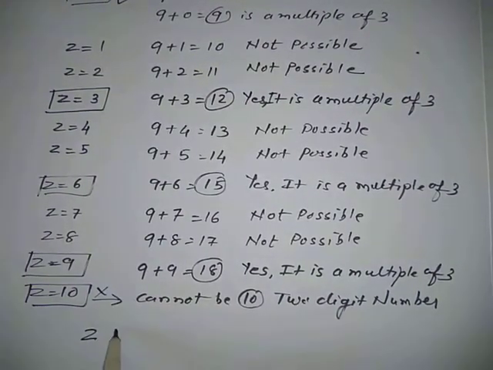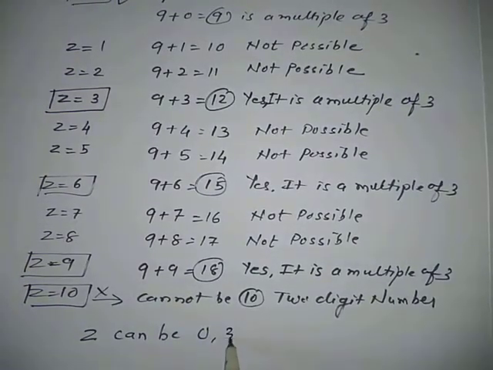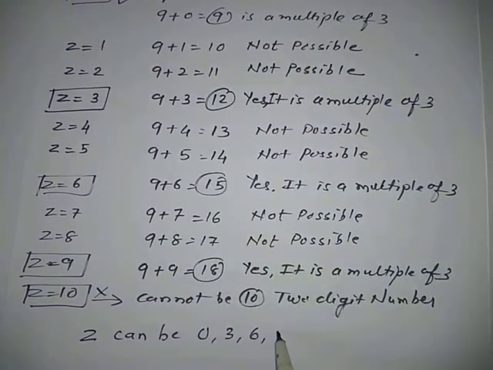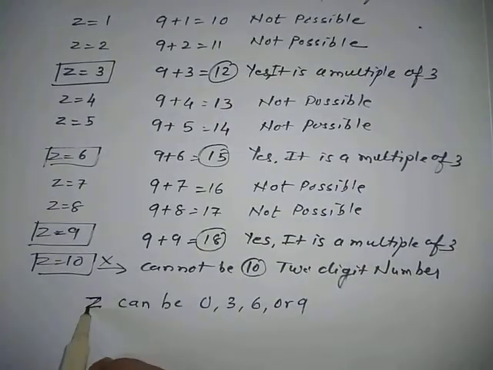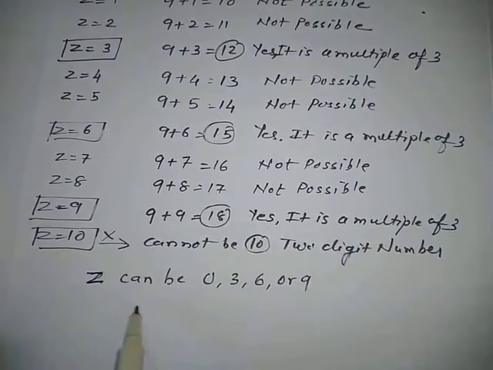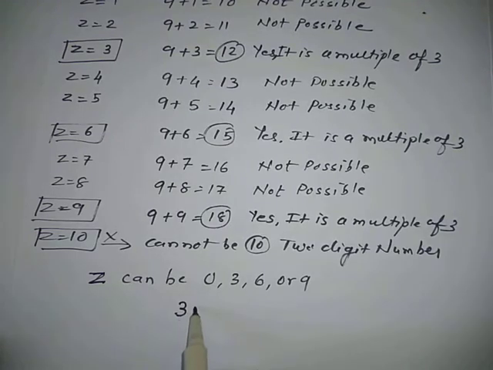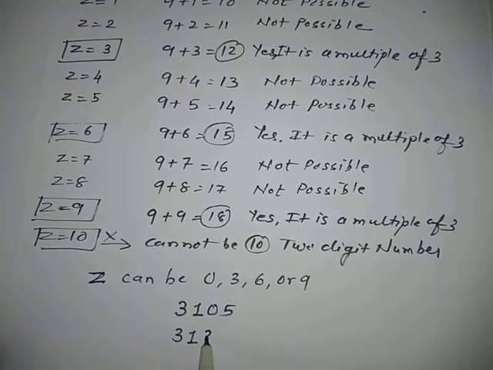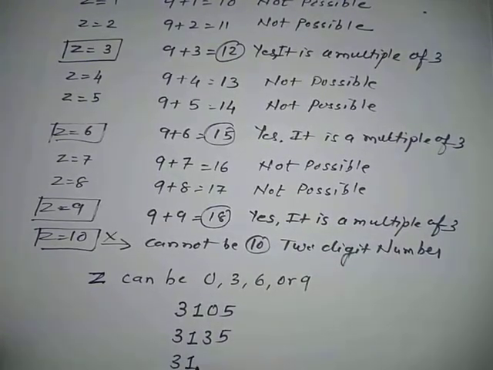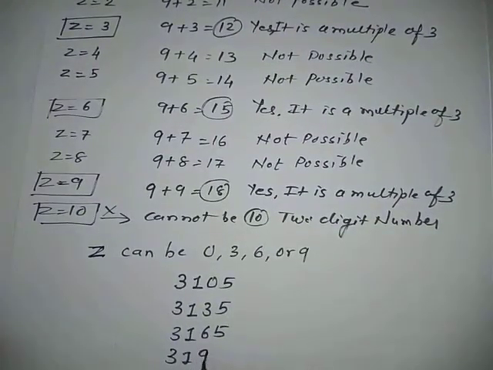So z can be 0, 3, 6, or 9. And the value of z can be any of these numbers. And using this, the numbers framed, using 0 that will be 3105, then 3135, then 3165, and 3195.